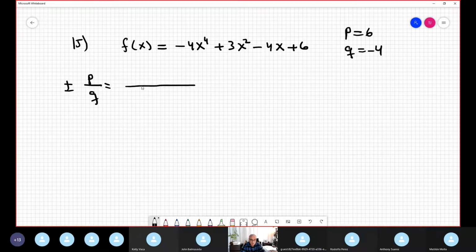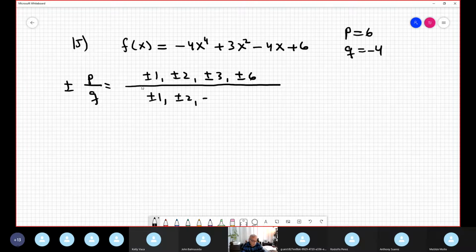So you break it down. P is plus or minus 1, plus or minus 2, plus or minus 3, and plus or minus 6. It's the multiple of 6. And 4 is plus or minus 1, plus or minus 2, and plus or minus 4. That's it. And their combination in the list is plus or minus 1, plus or minus 2, plus or minus 3, and plus or minus 6.